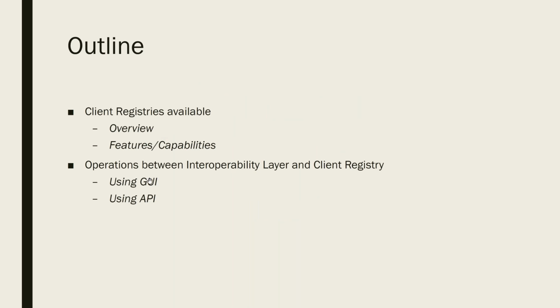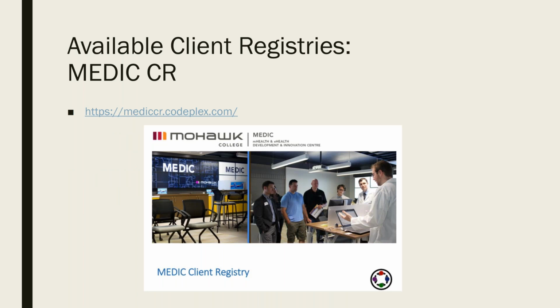We'll give some overview, some of their features, and then of course their capabilities. And then after that, we will actually focus on one example of client registry, and then how do we connect or how do we interact with the client registry. So some have a GUI and then some have API to work with. So let's see. So the first one that we'll discuss is about the Medic CR.